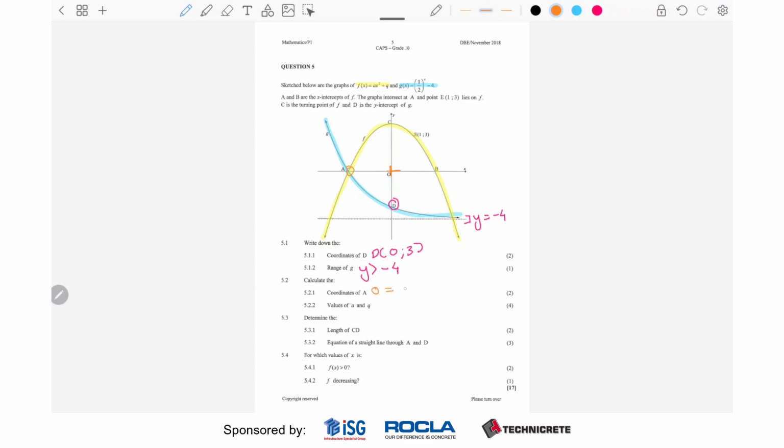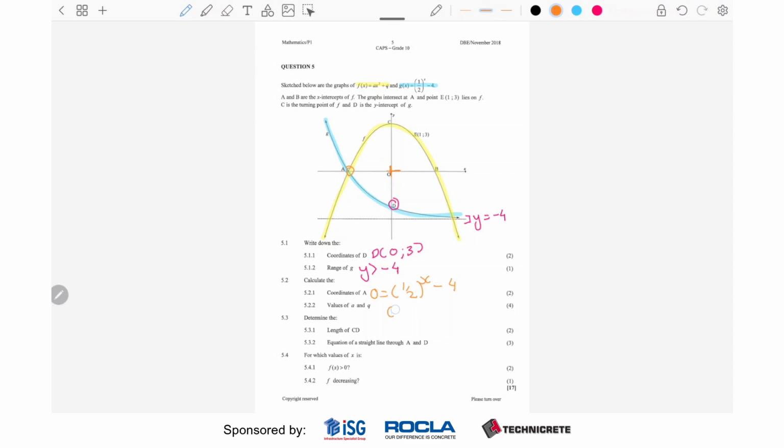So 0 is equal to f of x. Since we don't have the full equation for f of x, we'll use g of x. So g of x will equal to 0. So 0 will equal a half to the power of x minus 4.